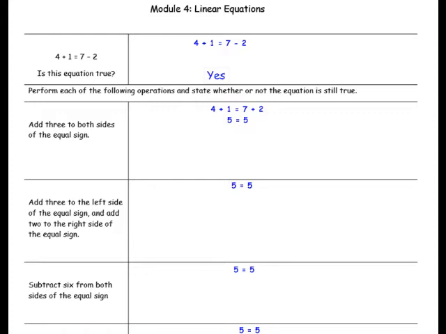You can write it horizontally, 5 minus 3 and 5 minus 3. On the left, 5 minus 3 is 2. On the right side of the equal sign, 5 minus 3 is 2. They are still equal.